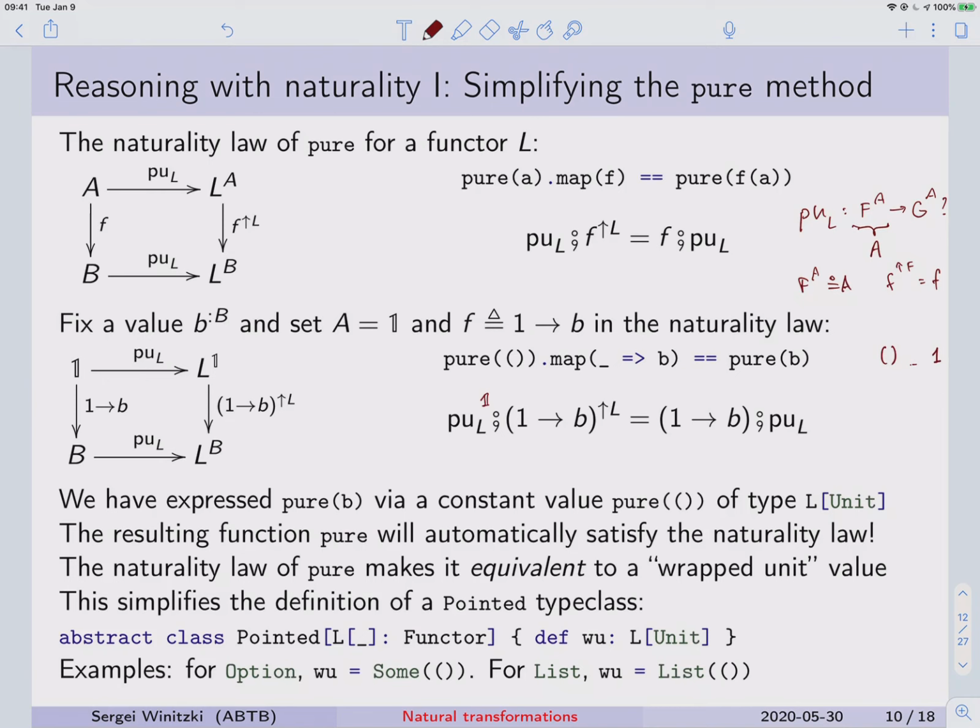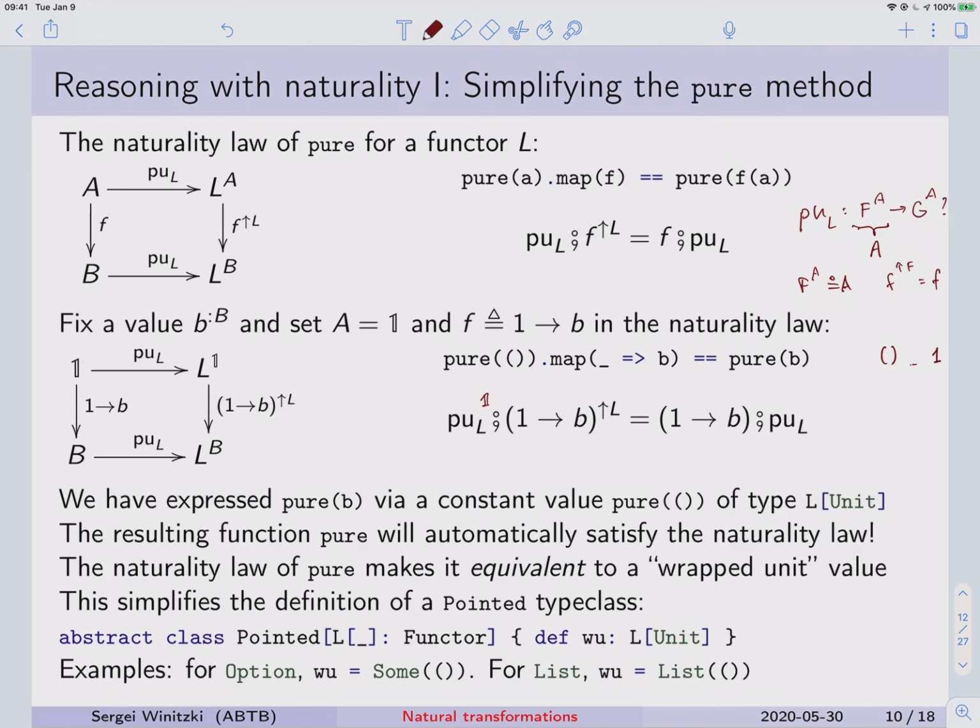So then the naturality law looks like this. We have a composition equal to composition. And if we write down what that is, in Scala it's like that. So the result is that the function pure applied to an arbitrary value b is always equal to this. And this is a function pure applied to the unit value, the empty parentheses.